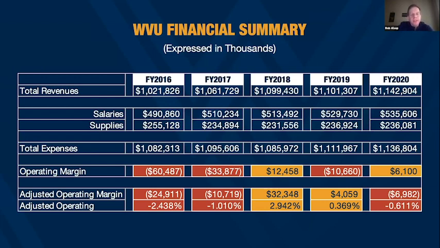A business entity that has a $1 billion budget should run 2 to 3 to 4% positive margins on average. Now, as an institution of higher education and a public entity, that may be a little bit less than other institutions would do, but you really want to have that positive margin so you can continue to reinvest in programs that are growing. You can invest in new programs that need to get to market, and you can invest in your people, which is who we are.